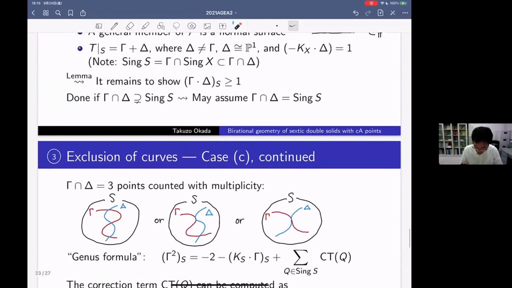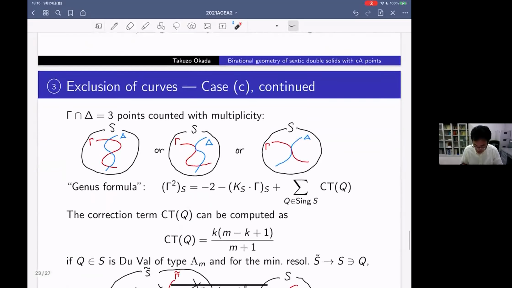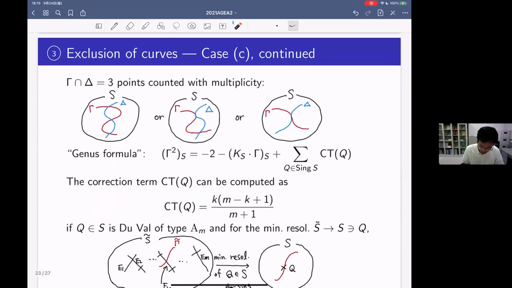Okay, anyway, we want to compute this number, but for this, let's first consider the self-intersection number computed on the surface S. We have this kind of formula, and this number is 0 because KS is 0.